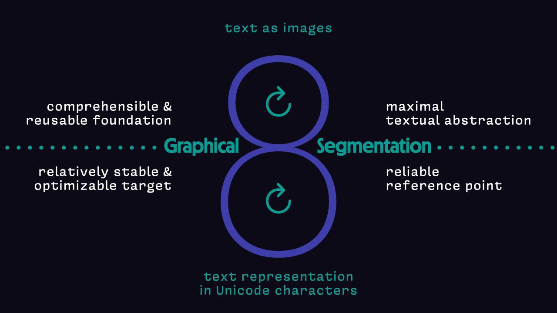So on the right-hand side, for encoding, when you stop at the graphical segmentation, it's where the maximal textual abstraction you have when you're trying to encode the text. The further you go, you start stepping into the realm of basically creating information from external knowledge instead of the text itself.